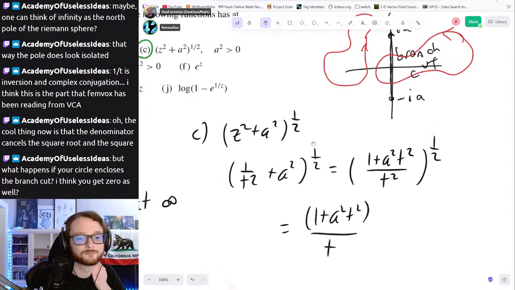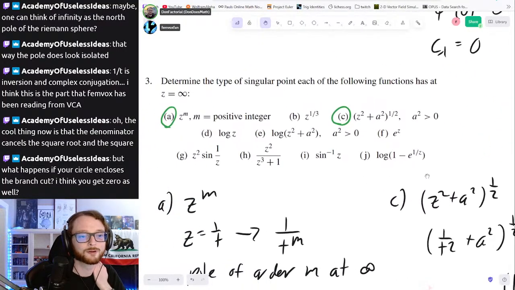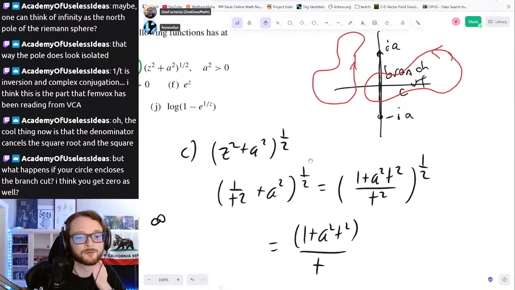Anyway, let's look at the algebra you were doing. So what does that tell us? A pole of order 1 at 0 or at infinity. Yeah, I got a common denominator and then squared the top and bottom. What did you see? It's a pole of order 1?